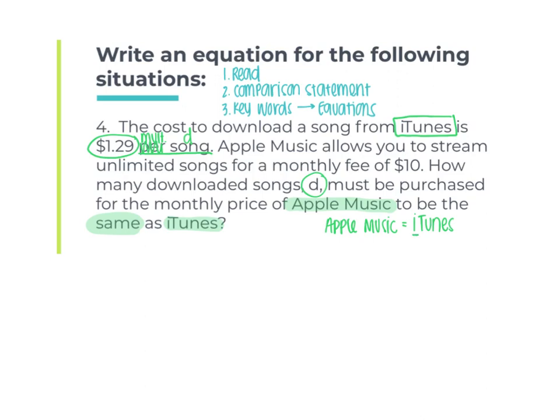So for iTunes, it is $1.29 times D, our downloaded songs. And we want that to be equal to the monthly fee of $10. So we just want it to be equal to our monthly fee of $10. It's not $10 per song, so we don't need to attach our variable to it.